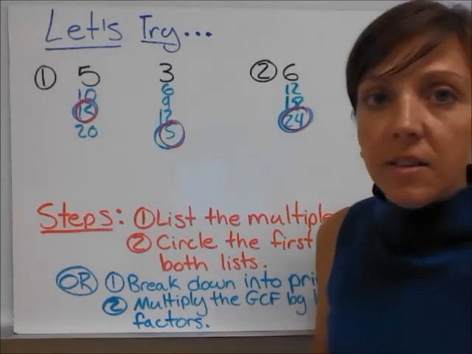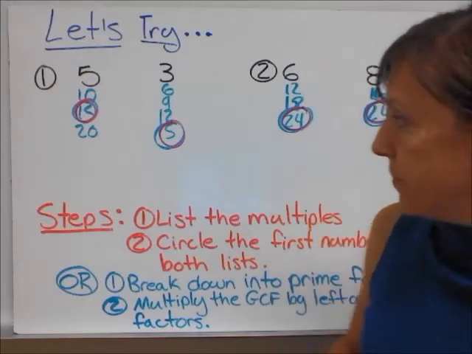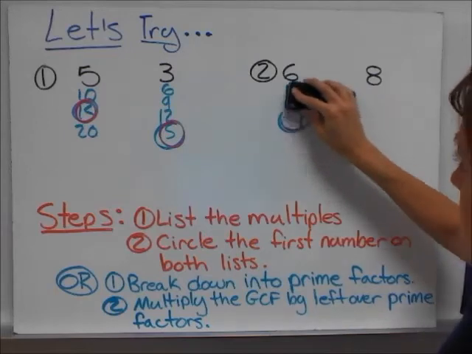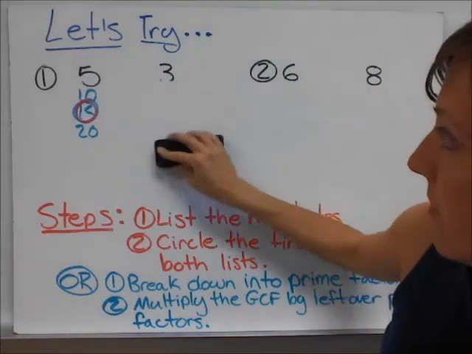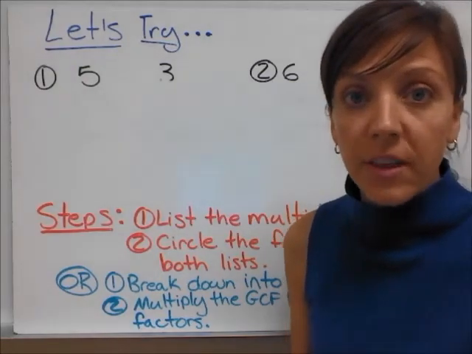Okay, let's look at the second way that we could find the least common multiple. Now the second way is using a prime factorization tree.